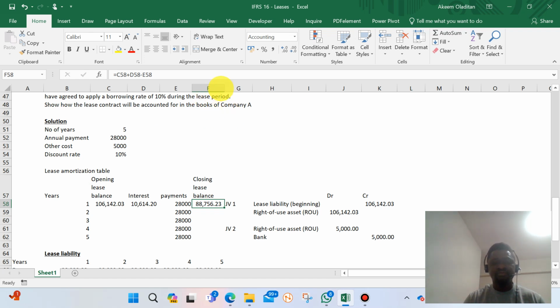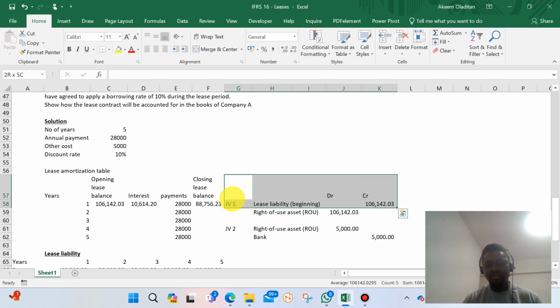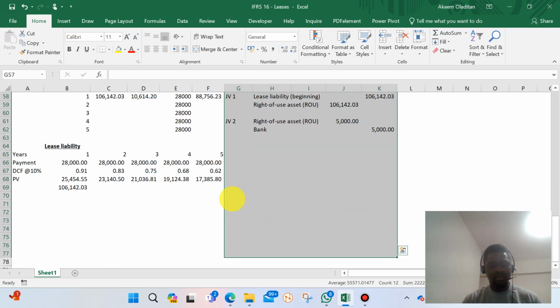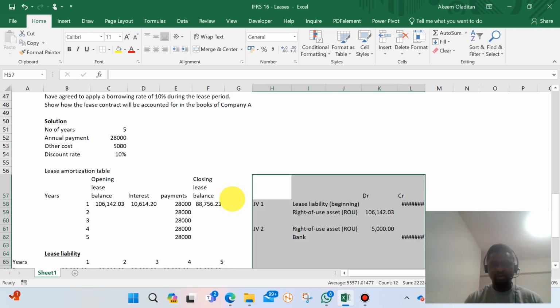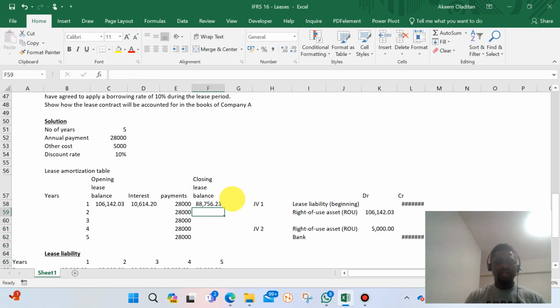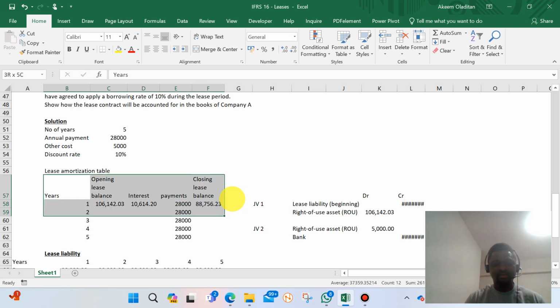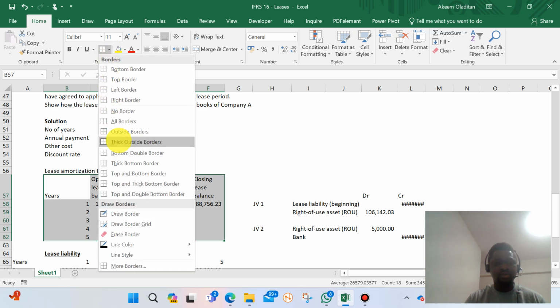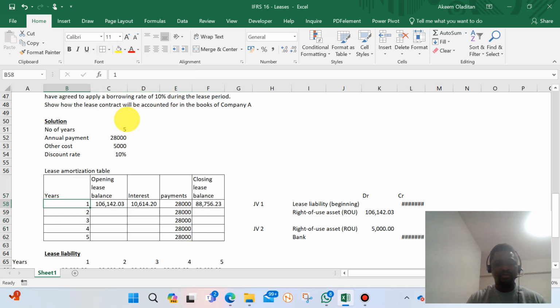So the amortization schedule, we can put it in maybe this to distinguish it.